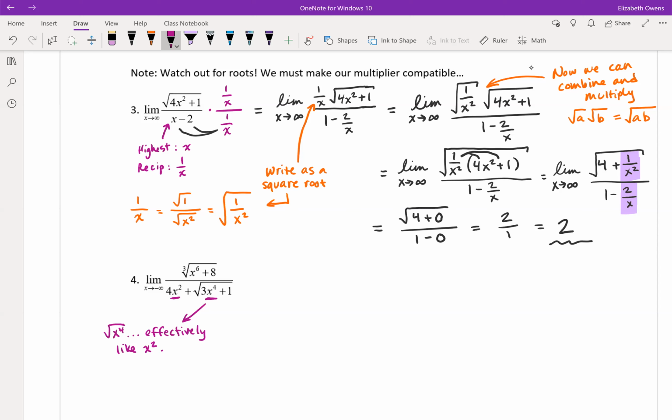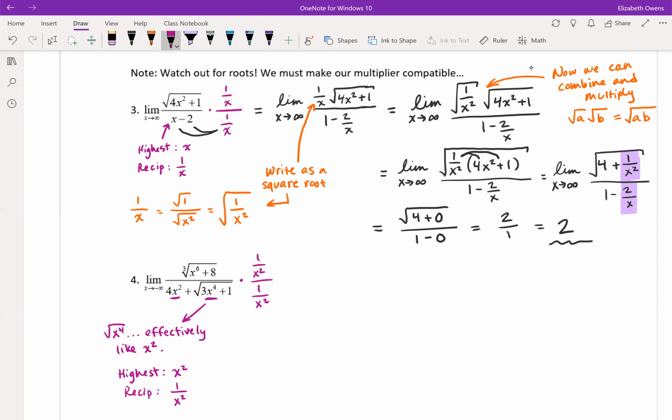Okay, so this is effectively like an x squared, which means the highest real power of x in the denominator is going to be x squared. So highest power x squared, and the reciprocal of that, of course, would be 1 over x squared. So that's our multiplier, 1 over x squared, numerator and denominator.